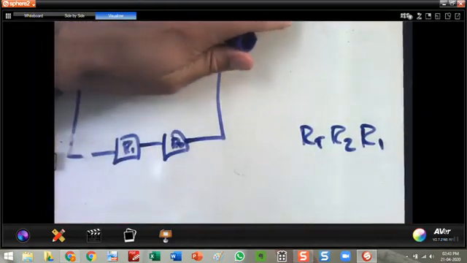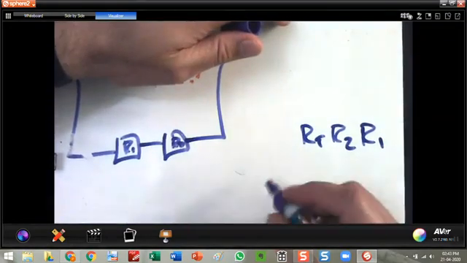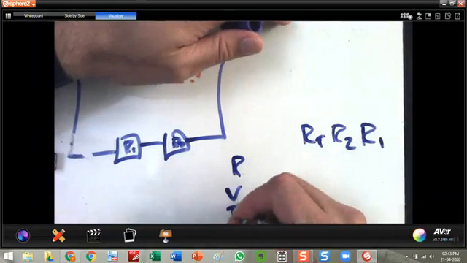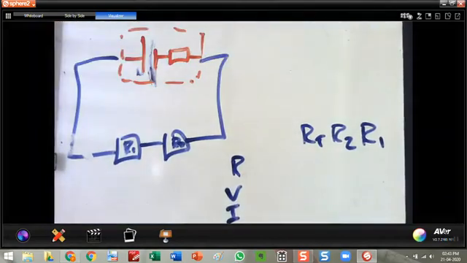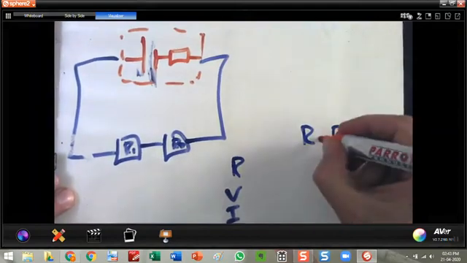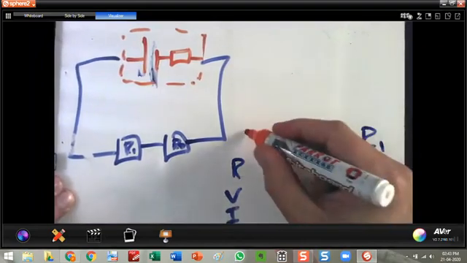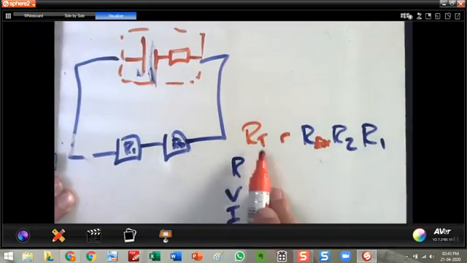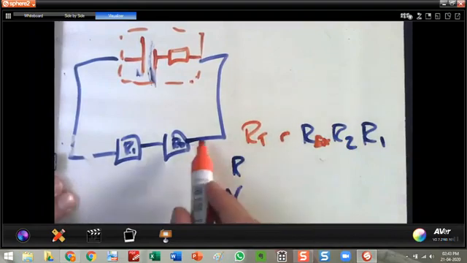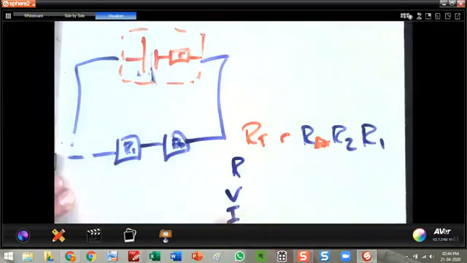If this was a normal circuit, we would have two resistors and the cell at the top, and we would say R, V, and I. But now what we used to call R total is just the external circuit. The total resistance is the sum of the external plus the internal resistor, small r.